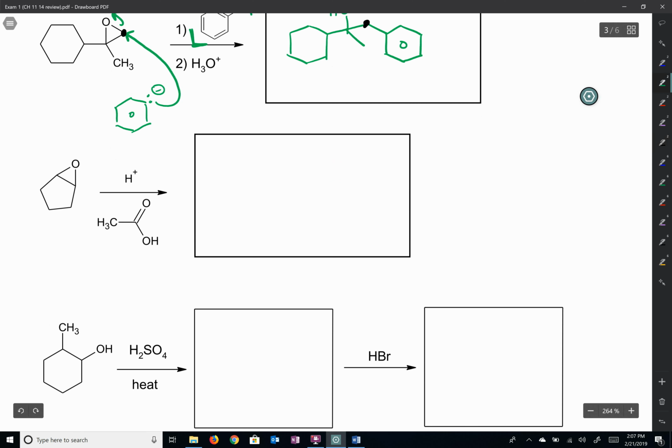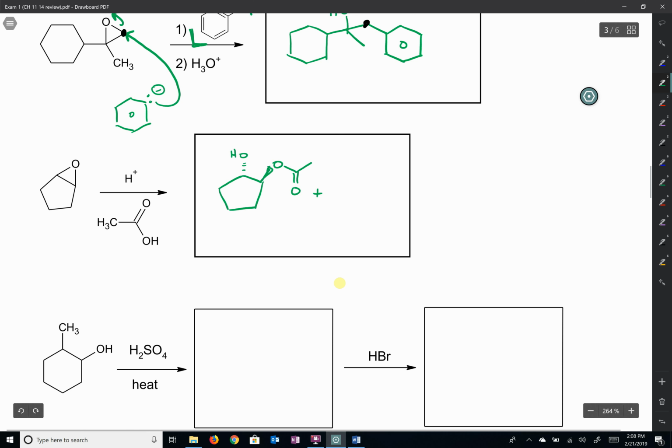All right, now we've got a cyclic epoxide, and we've got acidic conditions here. So we're going to ring open. Whoops, I didn't mean to draw a 6-membered ring, pardon me. All right. So we're going to ring open. We're going to add an alcohol, and we're going to add our carboxylic acid here to the other side as an acetate group.